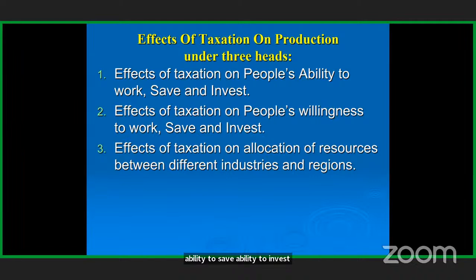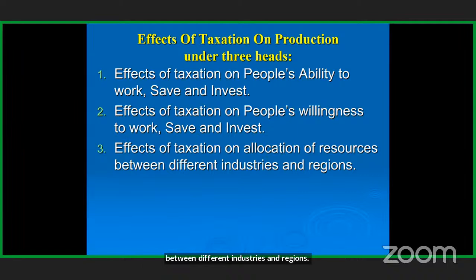Another is effects of taxation on people's willingness to work, willingness to save, and willingness to invest. And another is effects of taxation on allocation of resources between different industries and regions.